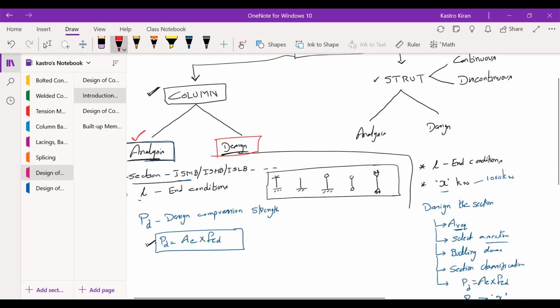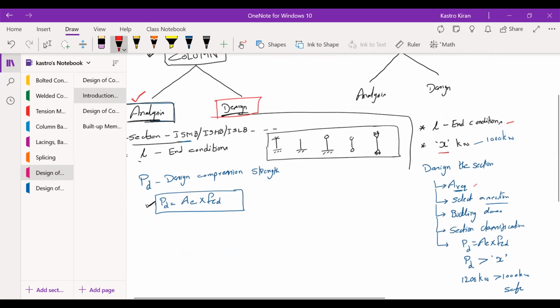As I was discussing earlier, the data which they might provide in the design category is, first, the length will be given. Along with the length, the end conditions of the column are also given. And they will also specify a certain amount of load, which is some X kilonewtons. So what you have to do is find out the area, then select a section, then the buckling class, the section classification.